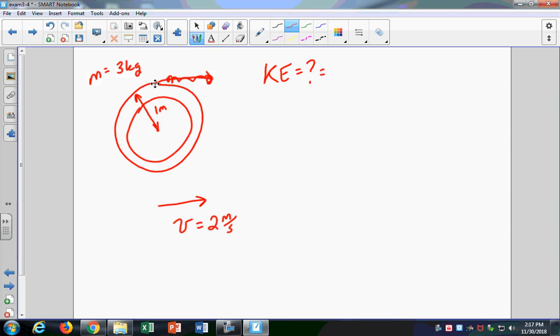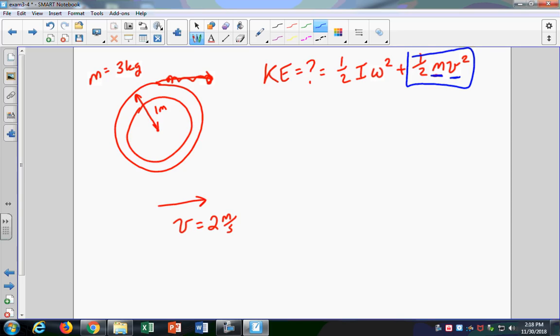Just like the hockey puck question, you say 1/2 I omega squared, because it's rotating, plus it has this additional translational energy, 1/2 mv squared. Now, I know m and v, that's easy. Some of you might just stop and do this, but that wouldn't be the right answer, though it'll be an option.